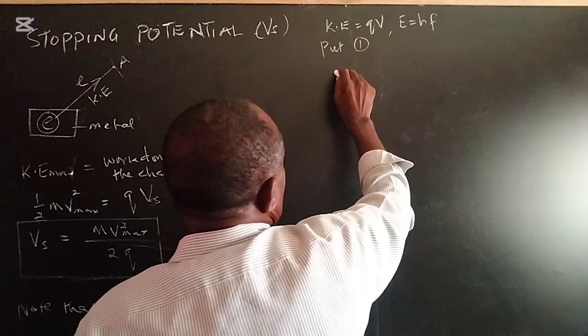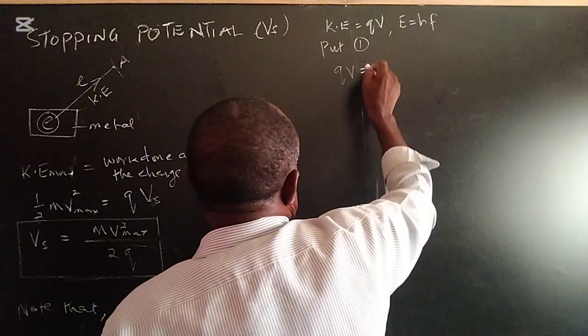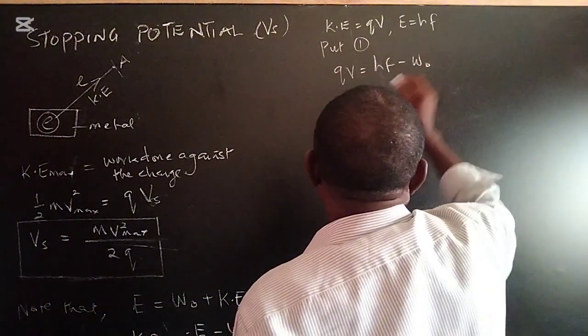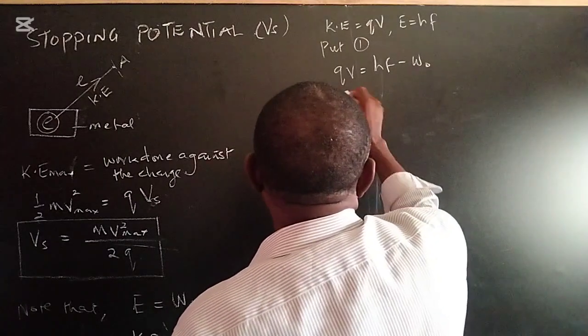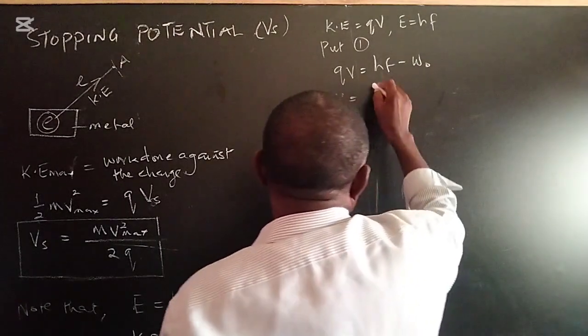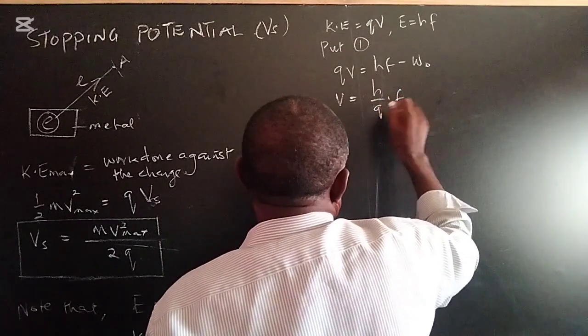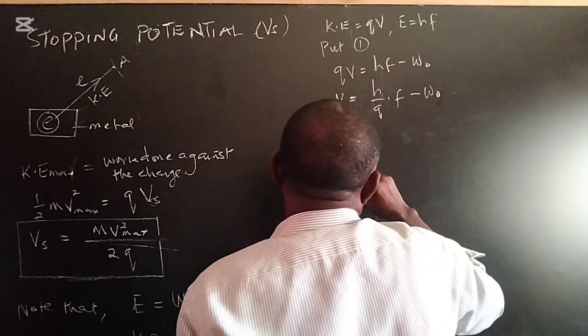What we're going to have is QV equal to HF minus W. If V is the subject, then we have H over Q times F minus W0.